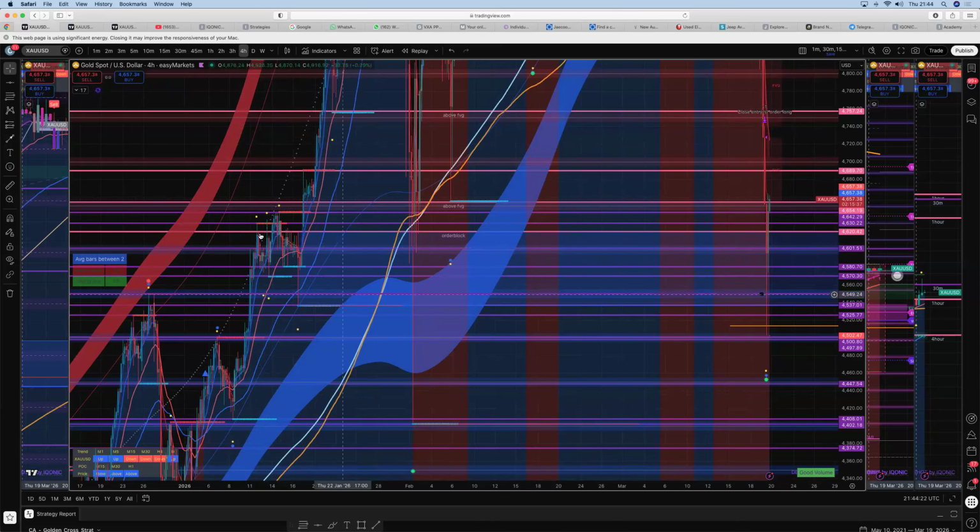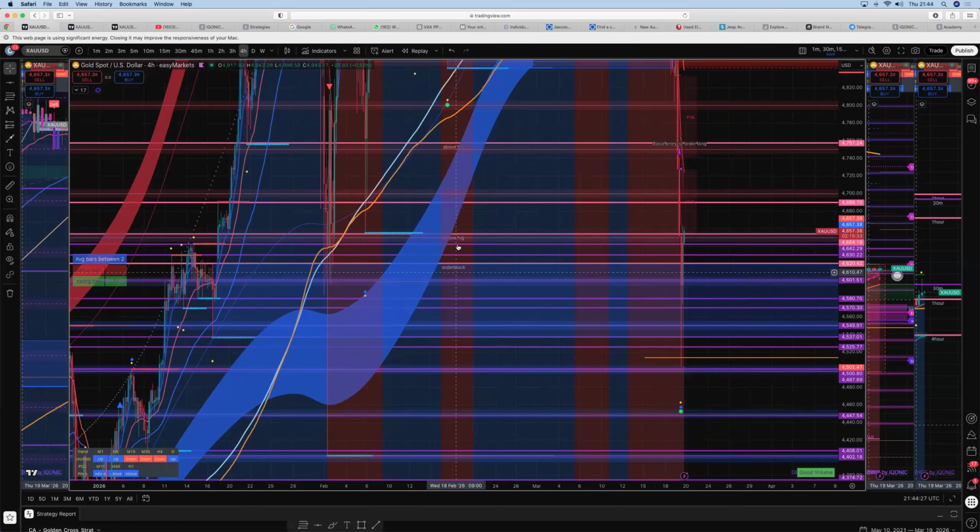This here area. Now, as you can see, order block, fair value gap, above fair value gap. I saw a fair value gap, here and here. I could see the momentum coming down.